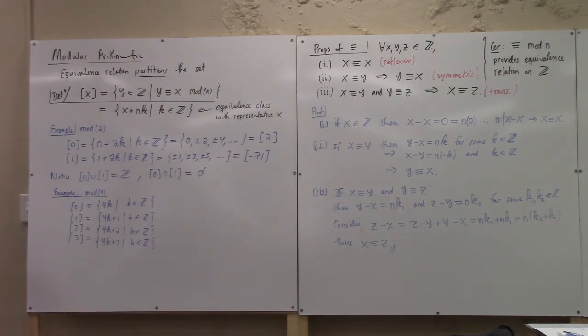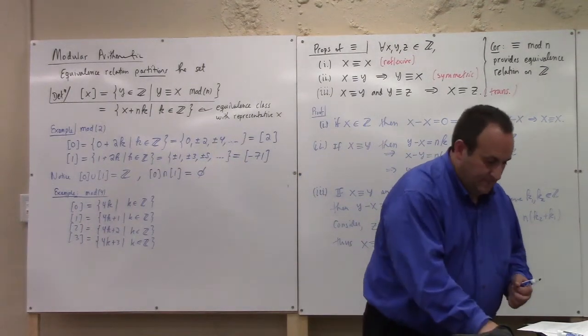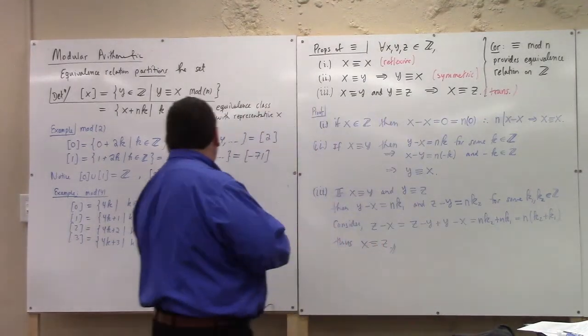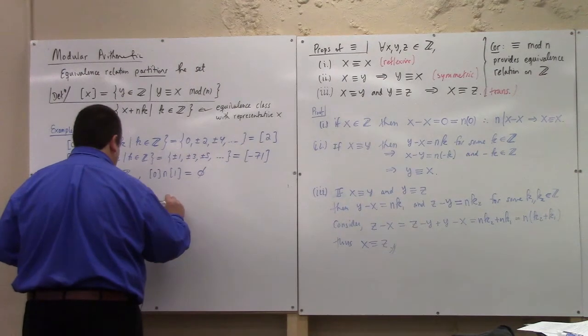There it is. Now, I should mention, there is also something called coset notation, so I'll even introduce it in this example. The coset notation for this is something like 4Z.